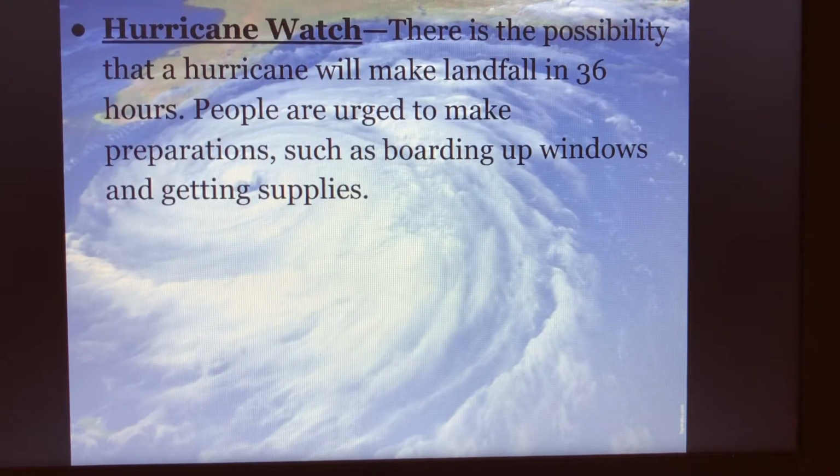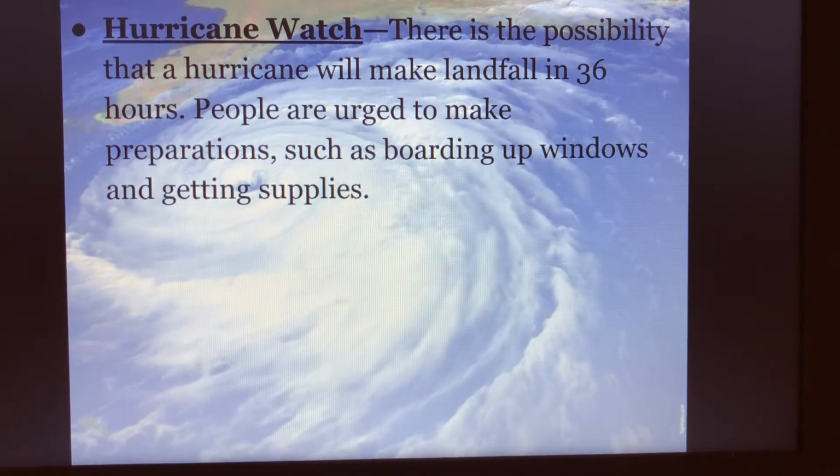A hurricane watch and warning are totally different than anything we've ever done. With a hurricane watch, there's the possibility that a hurricane will make landfall in 36 hours. You don't have minutes to plan for a hurricane. You have days and hours.